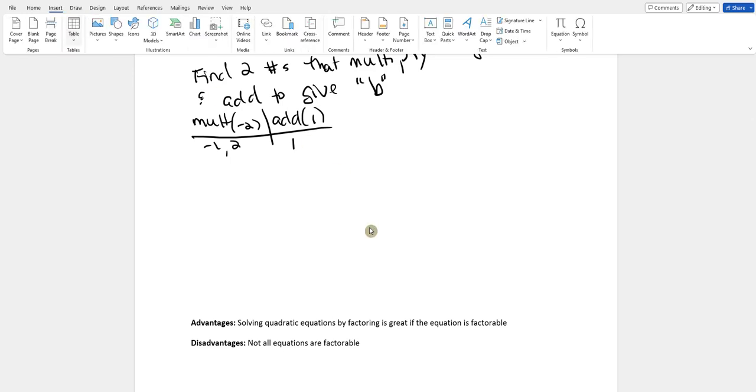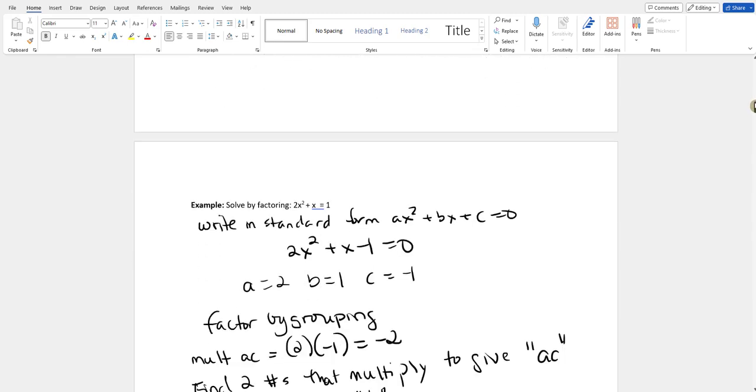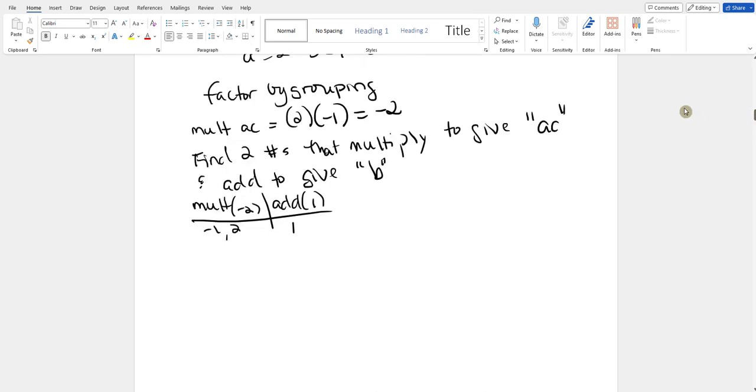We're going to rewrite the middle term of bx. I'm going to rewrite this term using the two numbers that I just found.